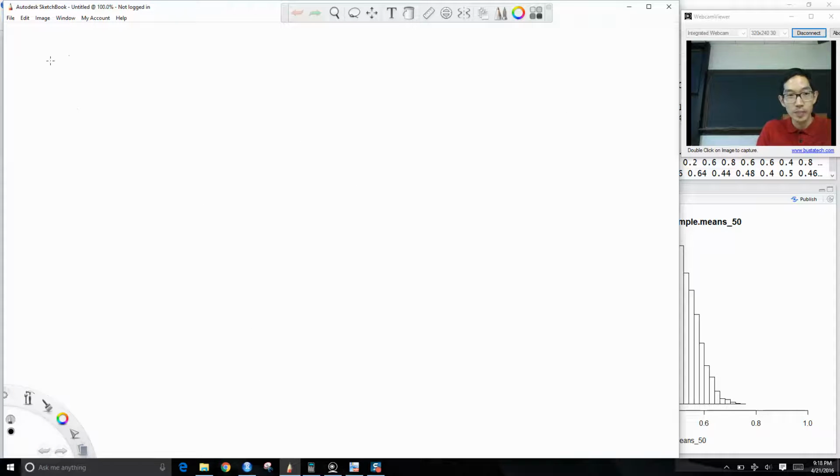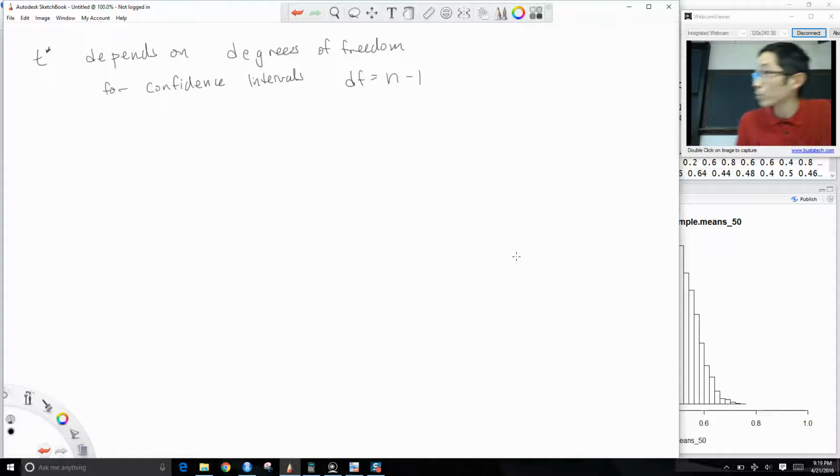So t star depends on degrees of freedom. For confidence intervals, df is equal to n minus 1. It's your sample size minus 1.